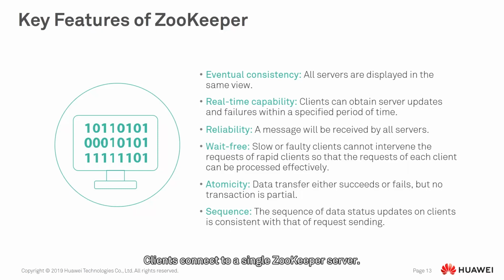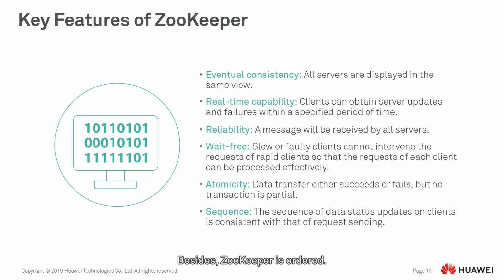Clients connect to a single ZooKeeper server. The client maintains a TCP connection through which it sends requests, gets responses, gets watch events, and sends heartbeats. If the TCP connection to the server breaks, the client will connect to a different server.